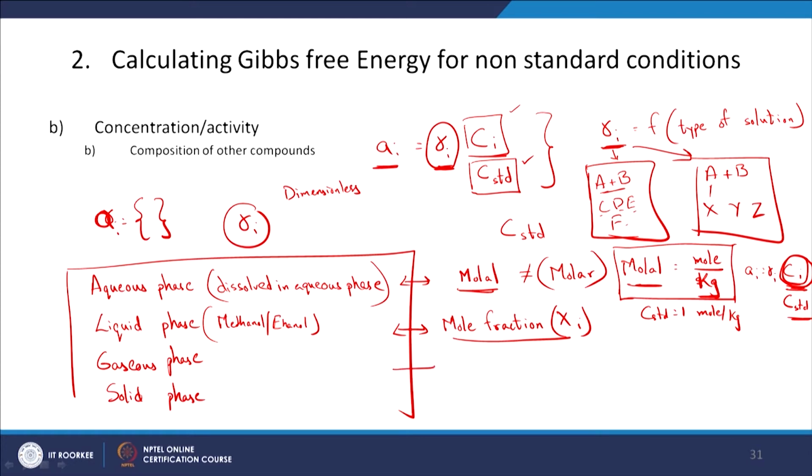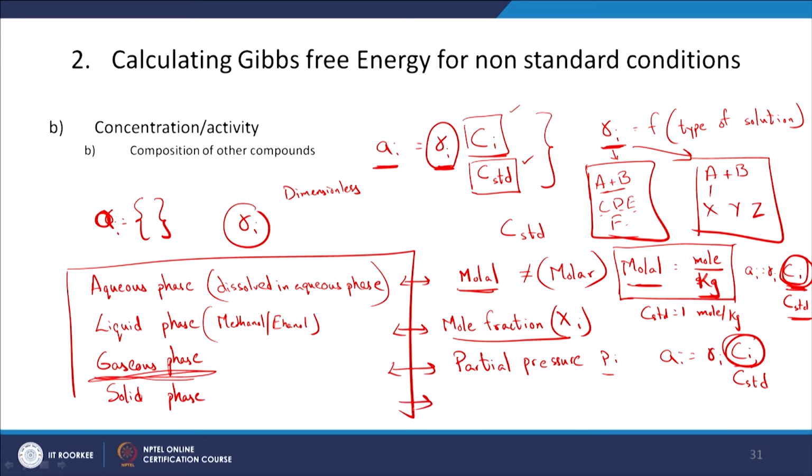And again gaseous phase, we are going to have partial pressure, and you can relate that to the mole fraction and so on, but again the units of Ci, when you write down Ci by C standard, need to be in terms of partial pressure whenever you are looking at concentrations or reactions in the gaseous phase, right.